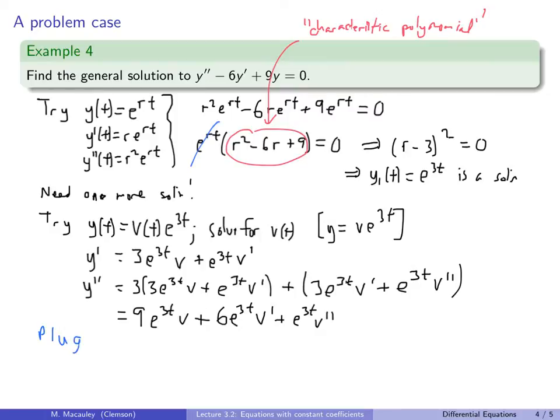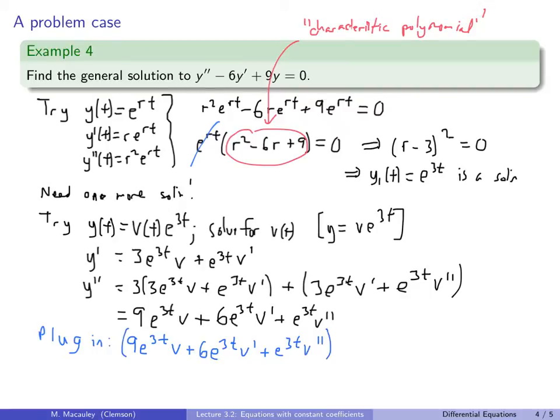So plug in. y double prime, that's this term, is this thing here. So plug in, we have 9 e to the 3t v plus 6 e to the 3t times v prime plus e to the 3t v double prime.